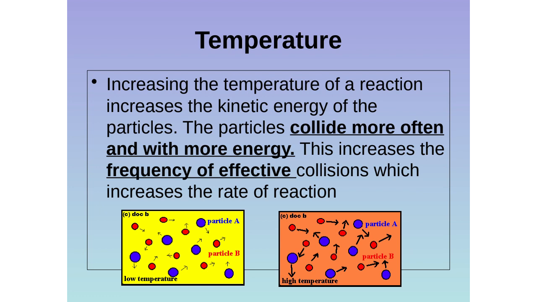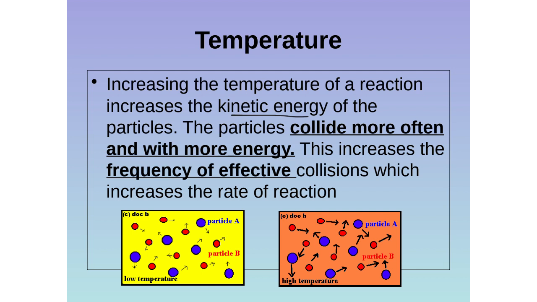When we increase the temperature of a system, we're increasing the kinetic energy of those particles. And so we know that if the molecules are moving faster, the odds are good that they're going to collide more often with each other. If they collide more often, the chances of us having proper orientation or proper alignment goes up.